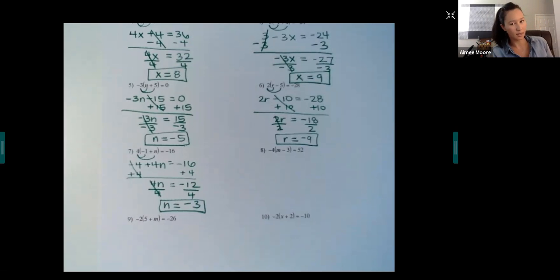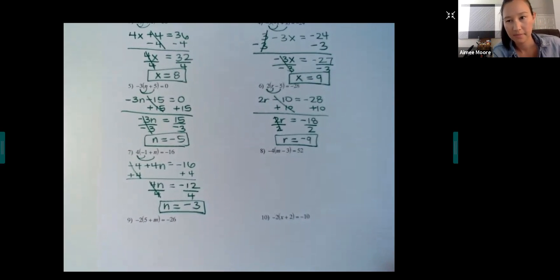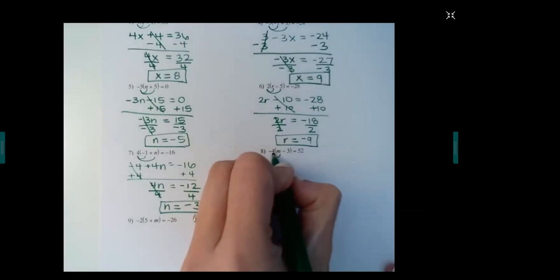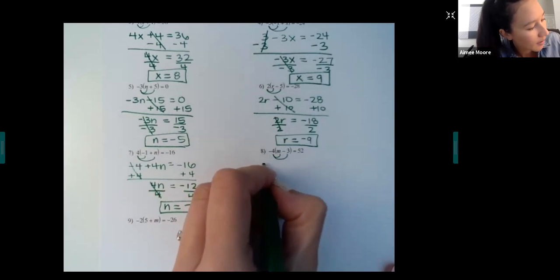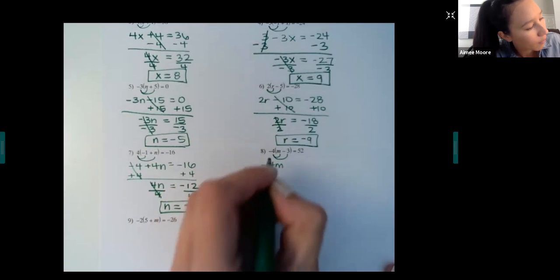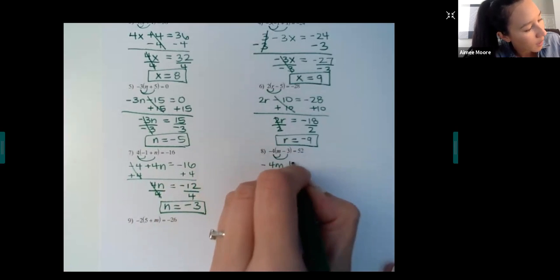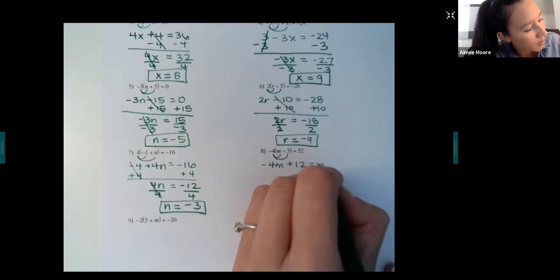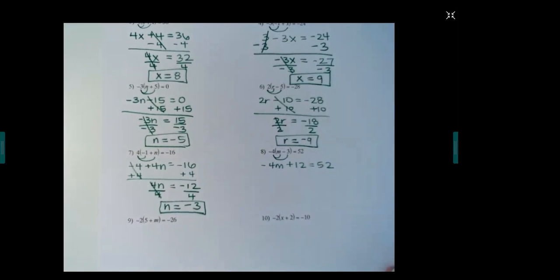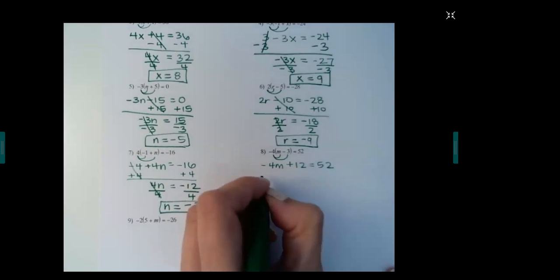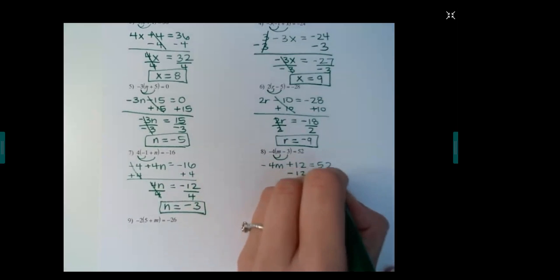Okay, Amari, number 8. So we multiply the m by -4 and the -3. Yep. So -4 times m is -4m, and -4 times -3 is +12. Then what, Amari? Then we subtract the 12 from the 52, by -12.